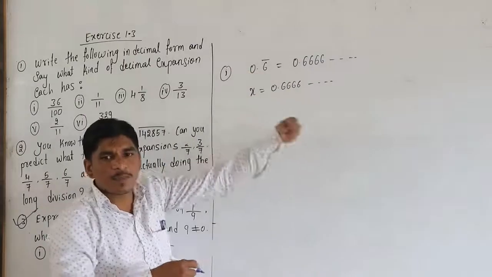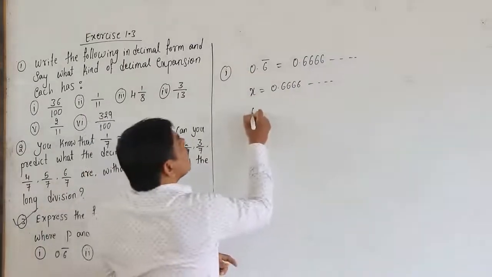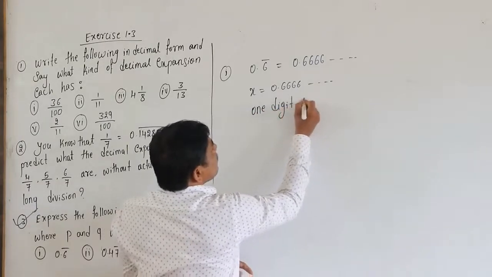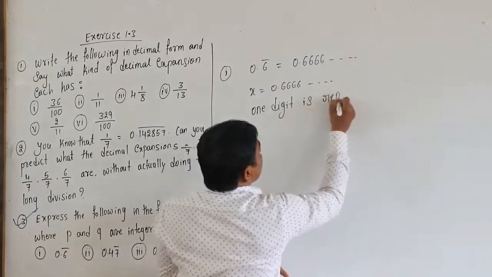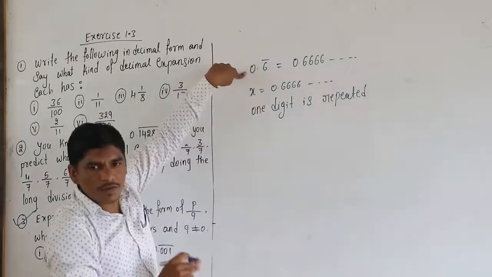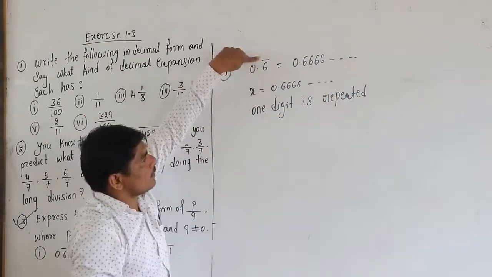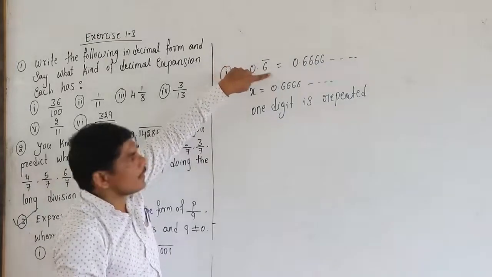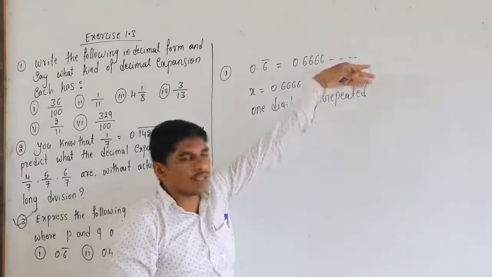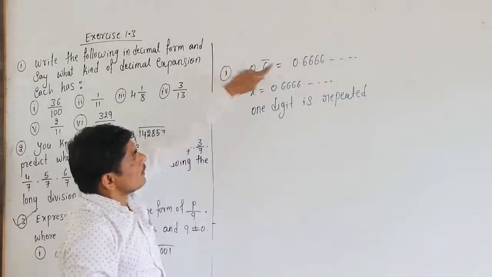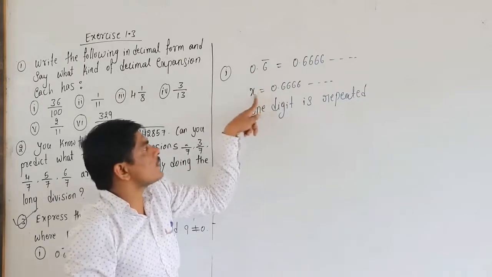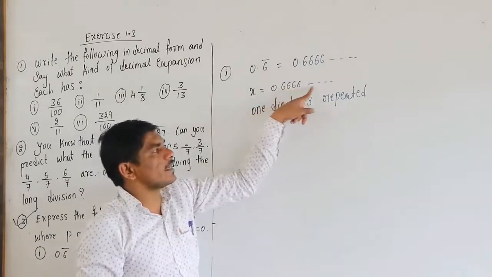Only one number, one digit, is repeated. This is very simple. You have to observe the given problem, 0.6 bar. Here the bar is over 6 only. It means the 6 is repeated continuously up to infinity. Now you have to consider this value as x. x is equal to 0.666 and so on.